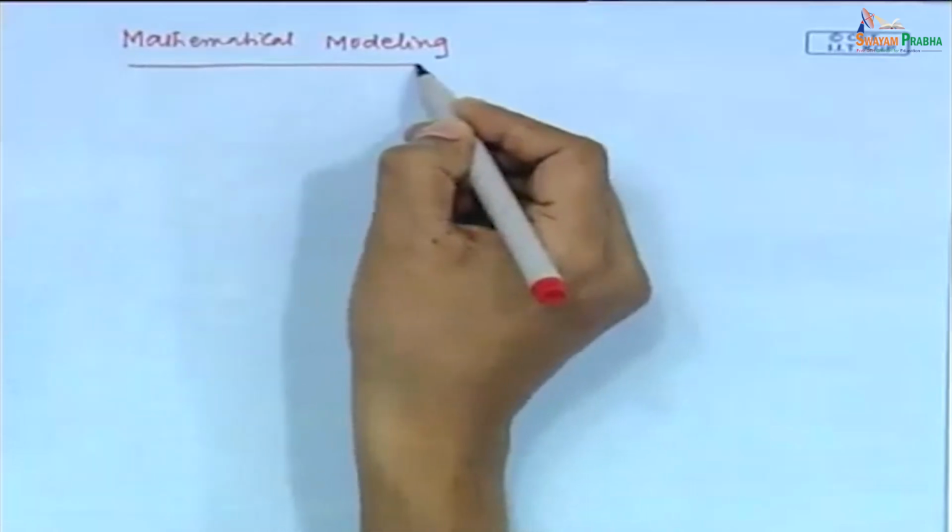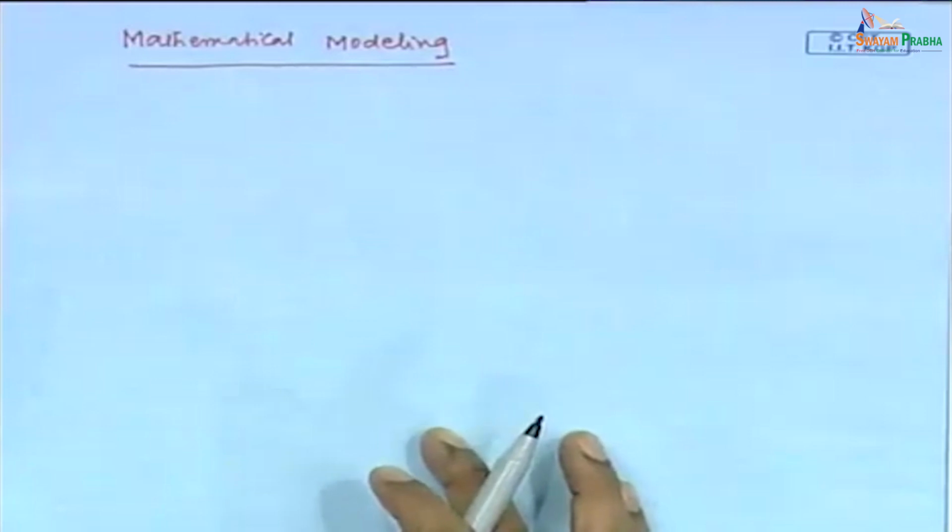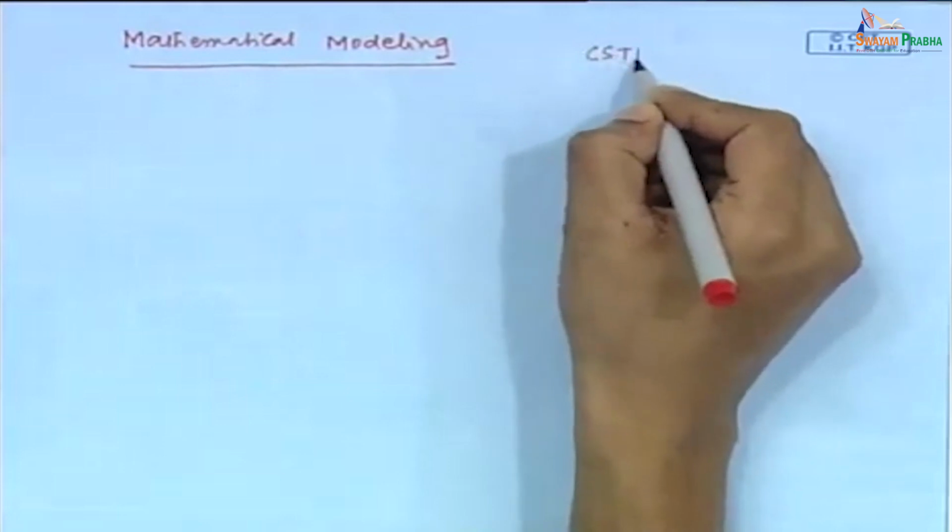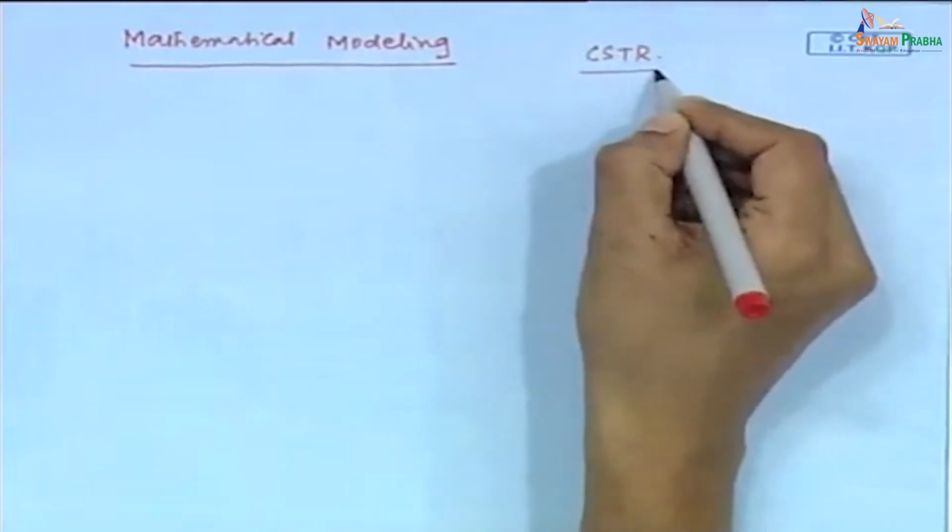In the last class we have discussed the state variables and state equations, and in this class we will develop the mathematical model first for a CSTR, continuously stirred tank reactor. So we will take a CSTR example and we will derive the mathematical model.